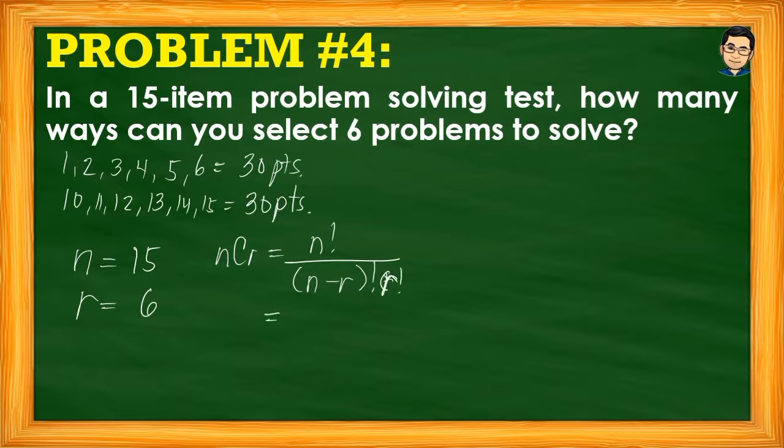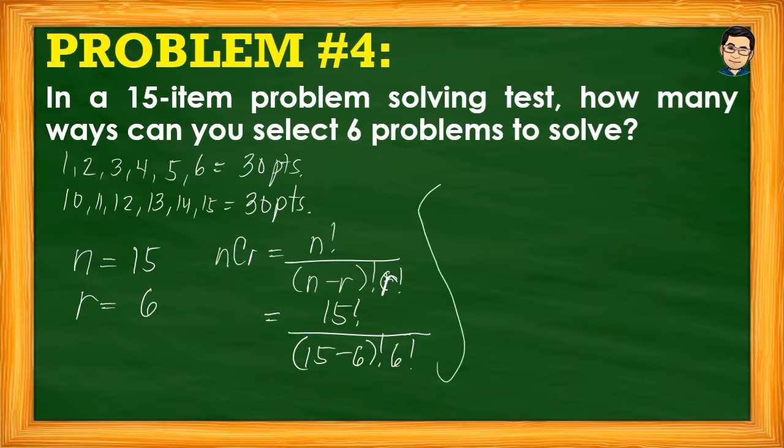So that is 15 factorial all over the quantity of 15 minus 6 factorial times 6 factorial. Na-express natin siya, yung 15 factorial as 15 times 14 times 13 times 12 times 11 times 10 times 9 factorial.